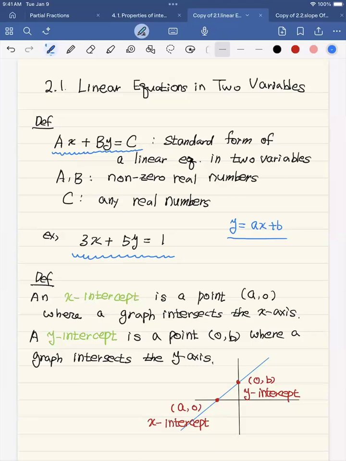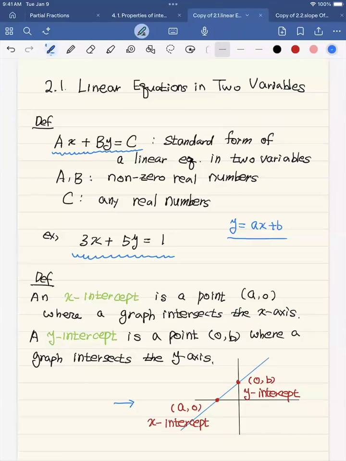As I said, linear equations in two variables are related to a straight line when we visualize the solution. So we can visualize the solution as a straight line on the plane like this.